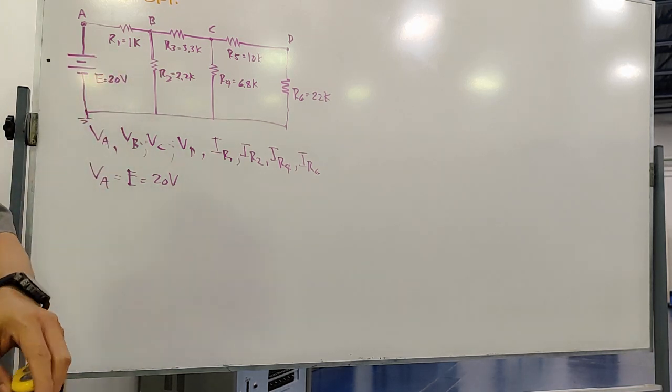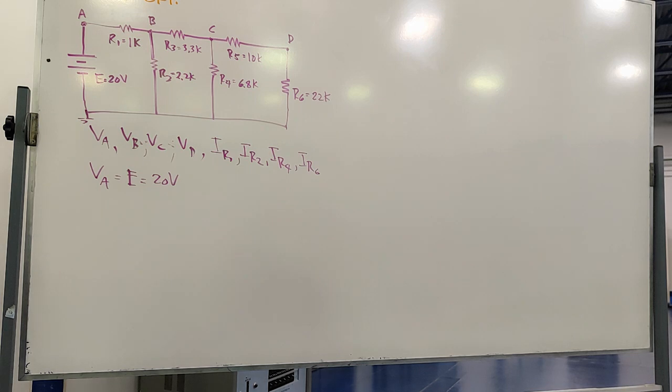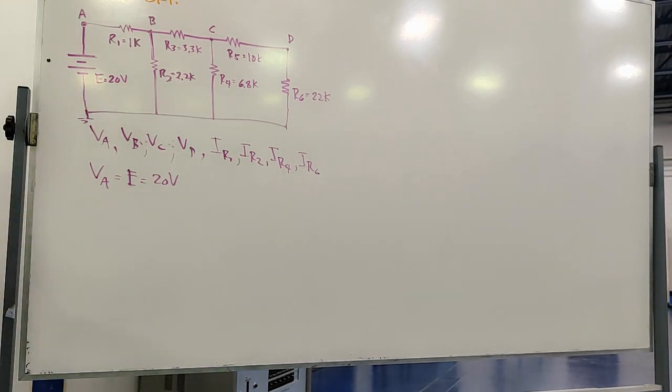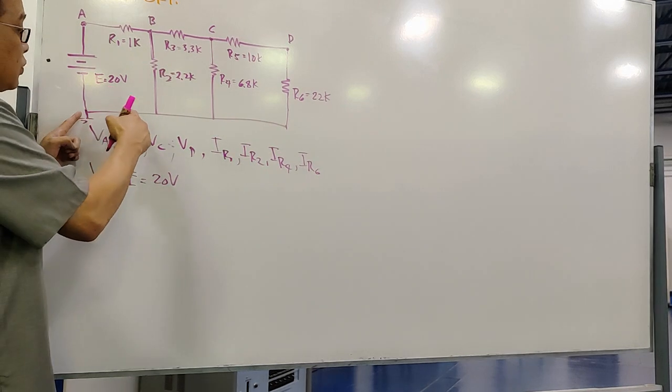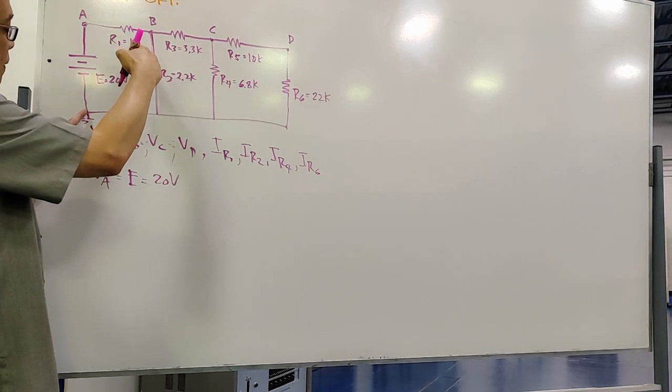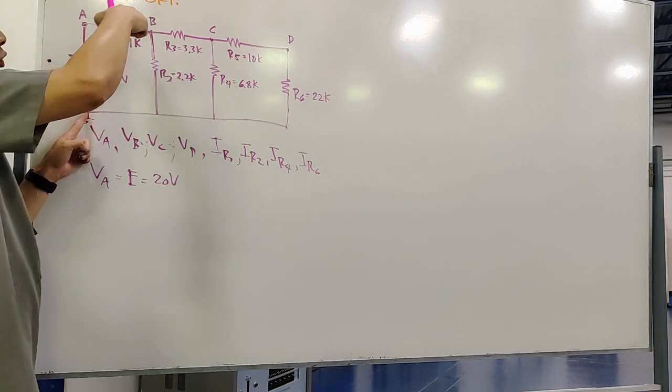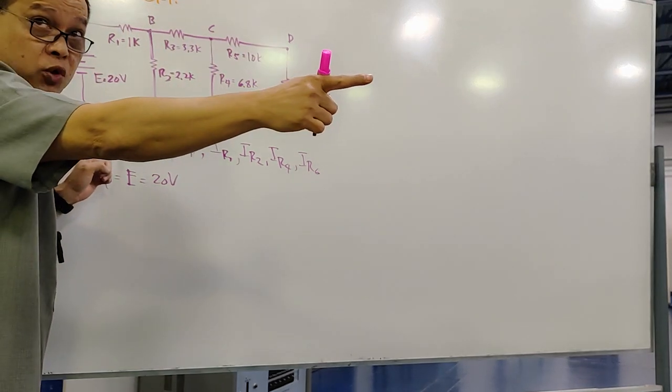Next, VB. VB is the voltage across what? If you look carefully here, VB is this point and the ground, the one that you did in the measurement.